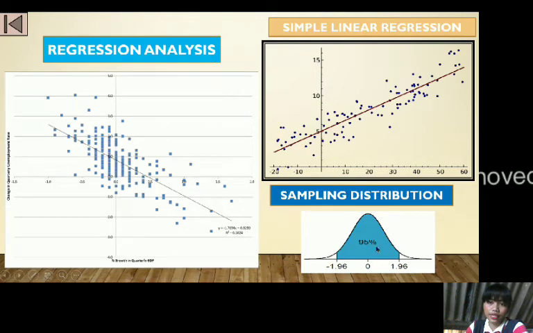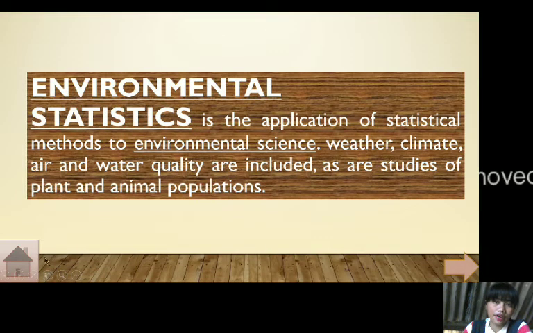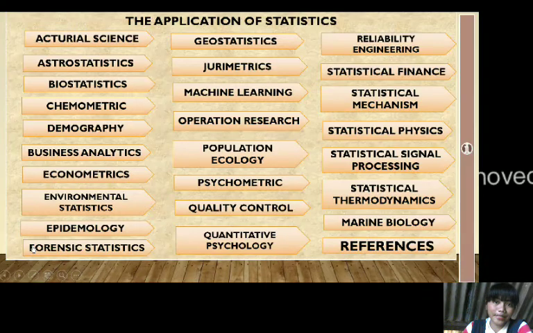We have here the regression analysis, the simple linear regression, and the sampling distribution. That is the use of statistics in environmental statistics.